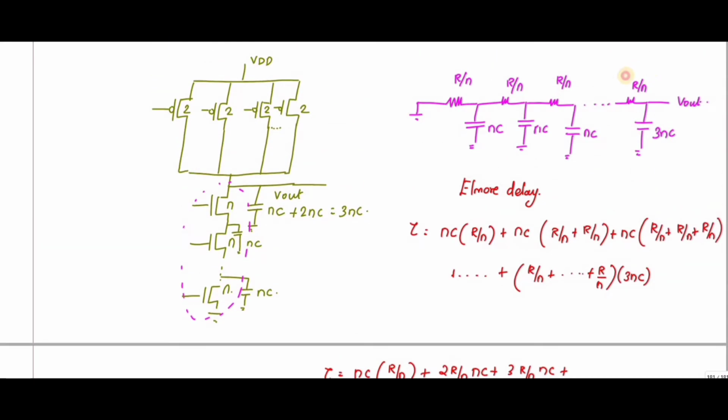Suppose the last value is n, then the previous one is n minus 1.